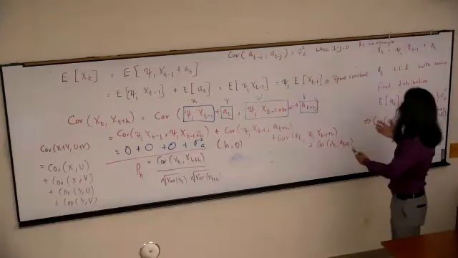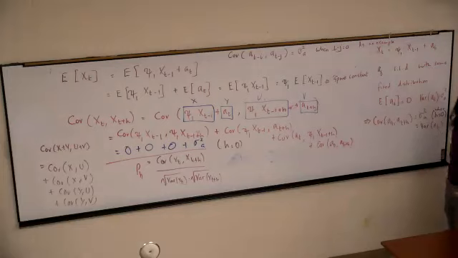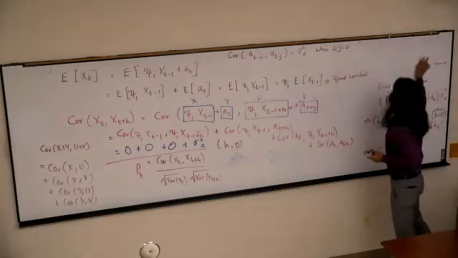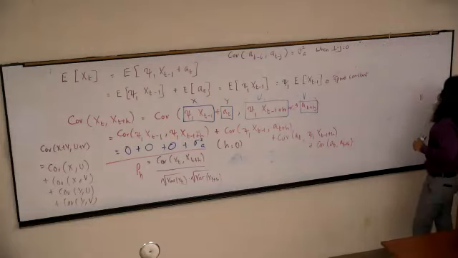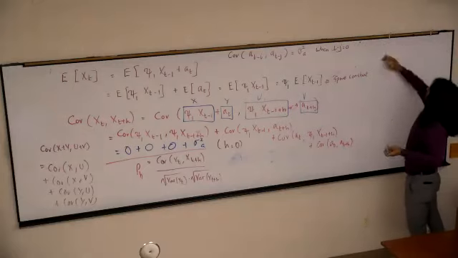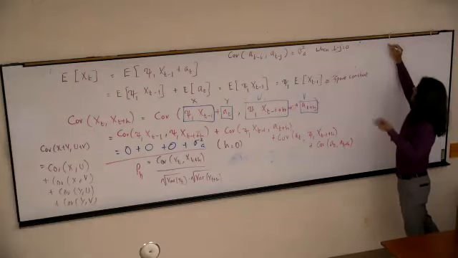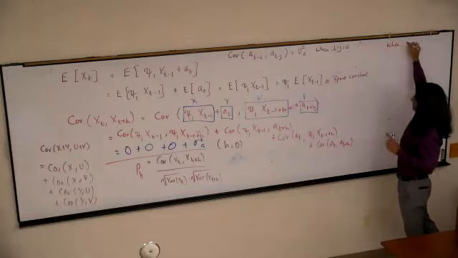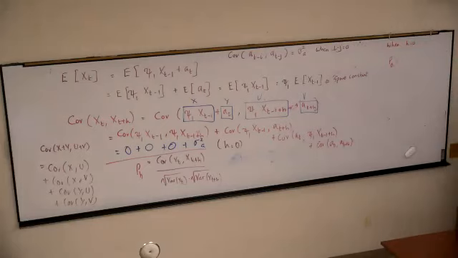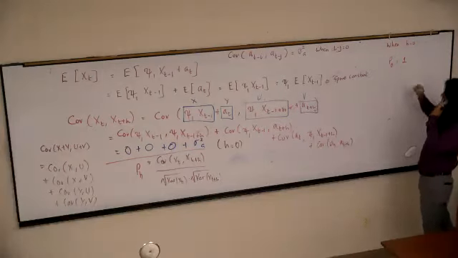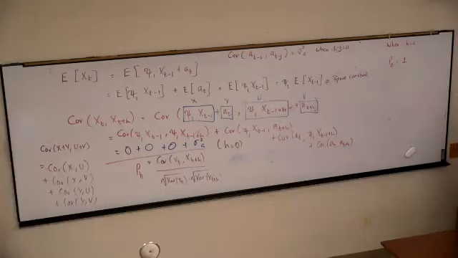So when h is 0, can I erase this part? Hayden, did you say something? I think it's 1, right? It is 1. So when h is 0, rho of 0 would be covariance of xt, xt, which is the variance. Variance over variance, you end up getting 1.